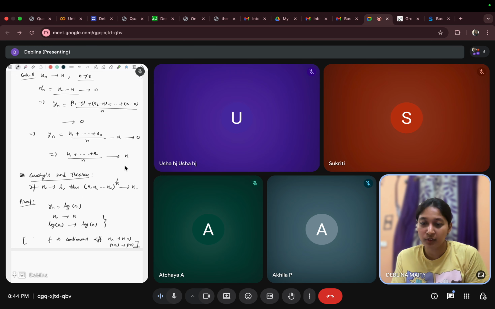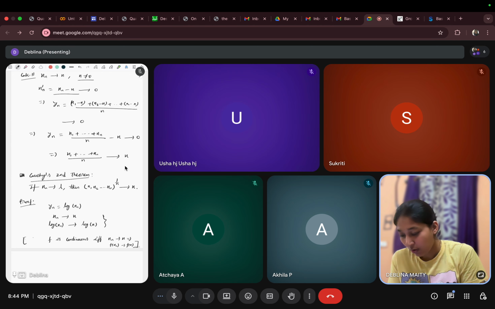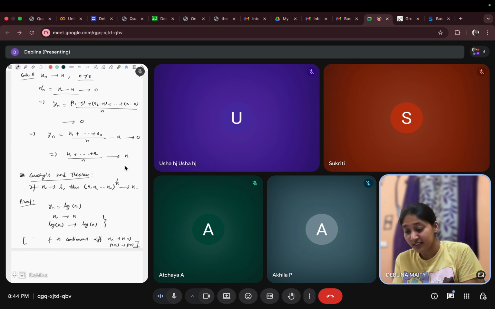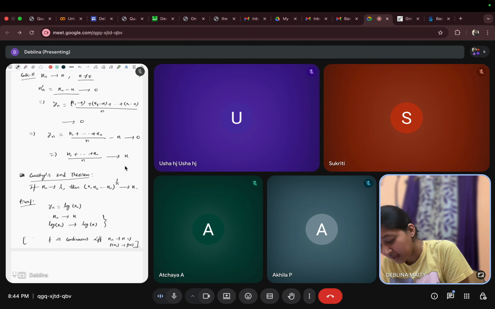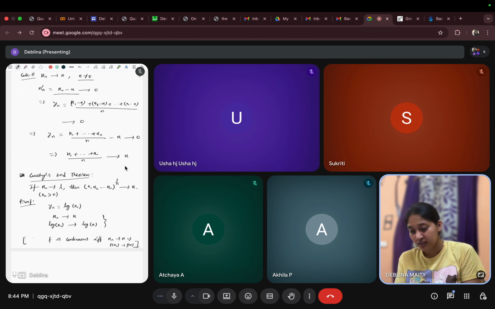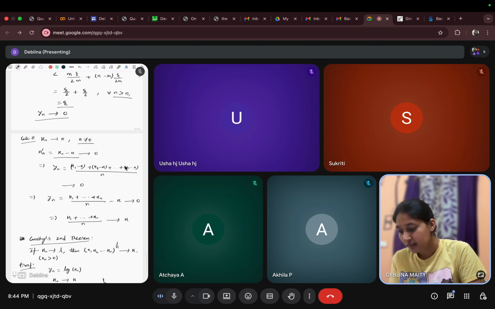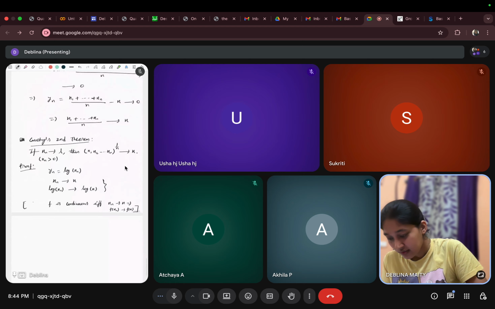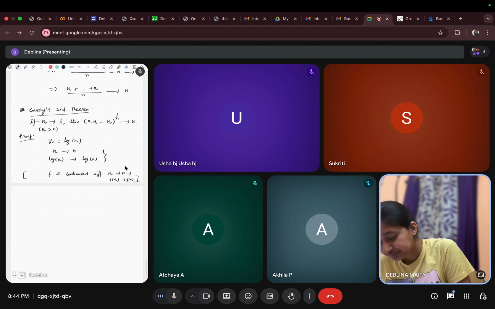So this is an if and only if condition. And log x is also continuous for x greater than 0. Since we are taking 1 by n powers, all these xn's are greater than 0. So log xn converges to log x.